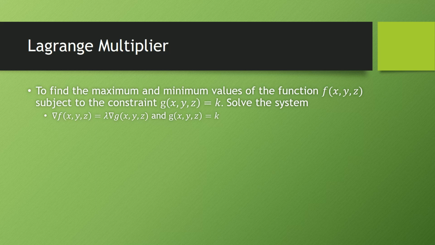So if you remember, the gradient is going to give you a vector of derivatives. So from this first half, you're going to be getting 3 equations, or equivalently, the number of equations based on the number of variables you have as inputs. And then you have your second equation, which just gives you 1. So in this situation, we have 4 equations, and we also have 4 unknowns: x, y, z, and lambda.